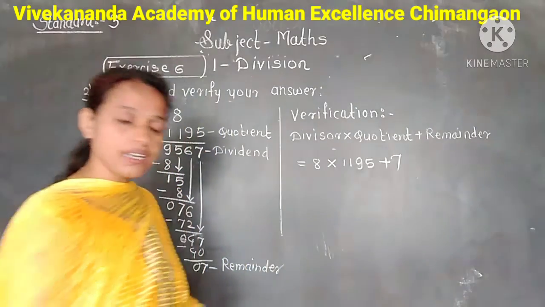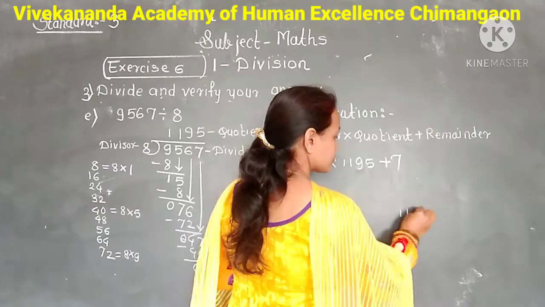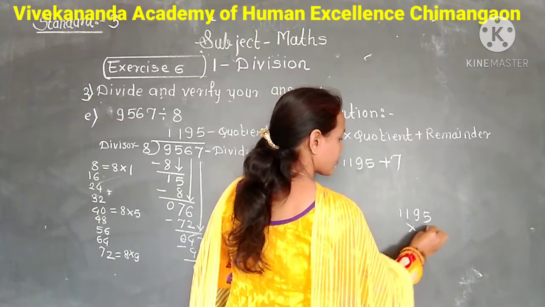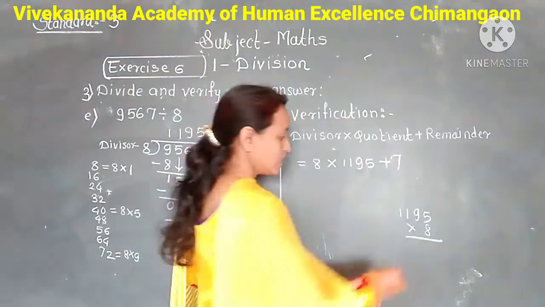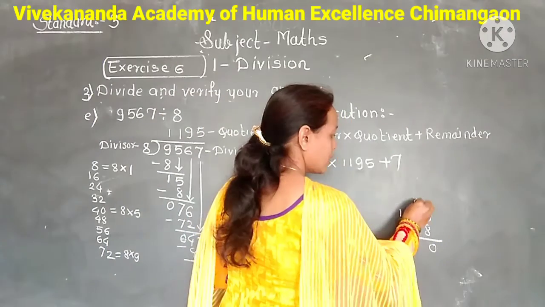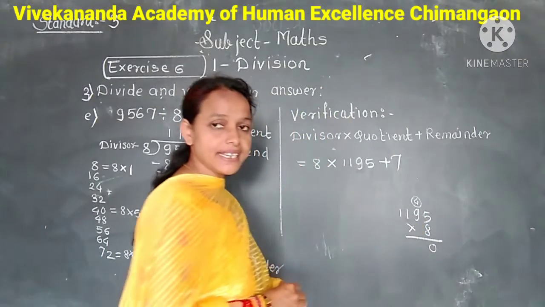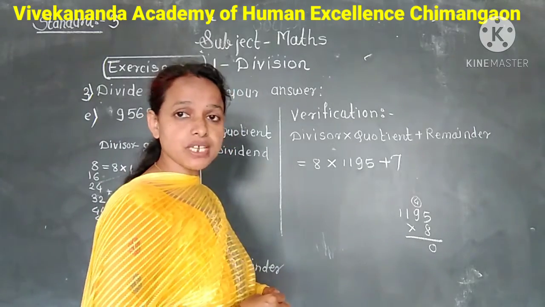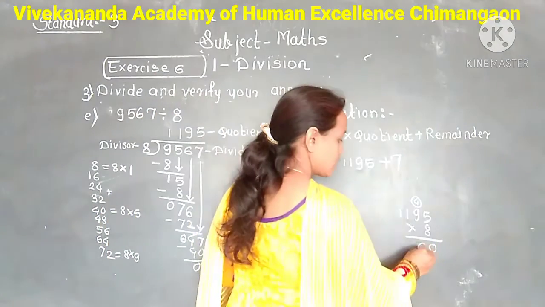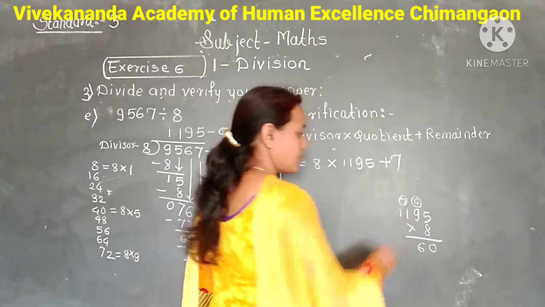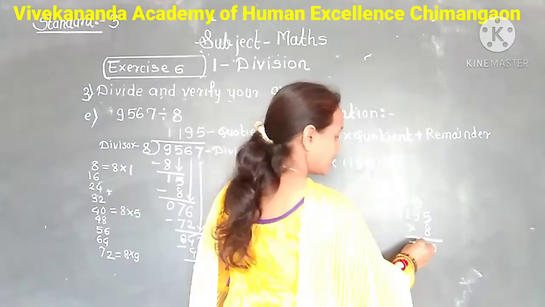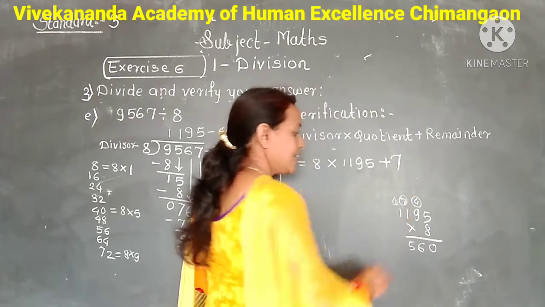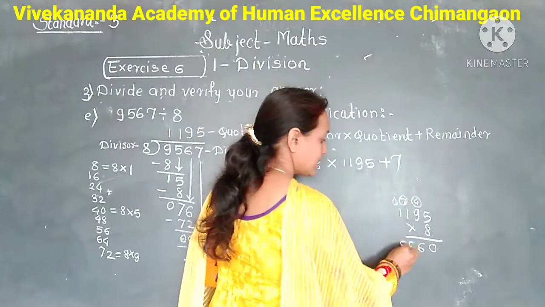Now we multiply 1195 by 8. We multiply 8 5s are 40. 0 carry on 4. 8 9s are 72. 72 plus 4, 76. 6 carry on 7. 8 1s are 8 plus 7, 15. 5 carry on 1. 8 1s are 8 plus 1, 9.